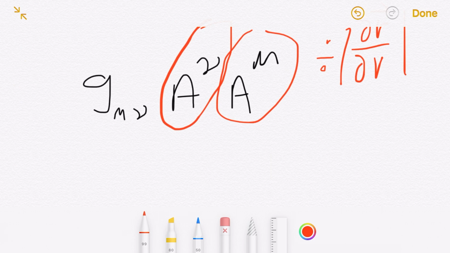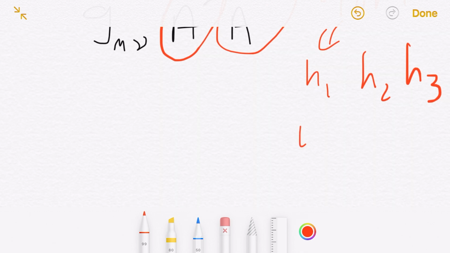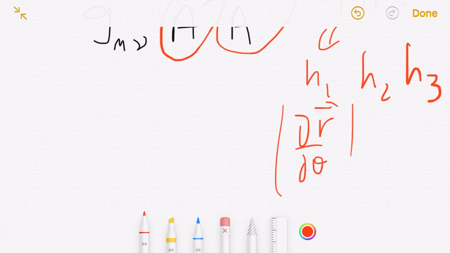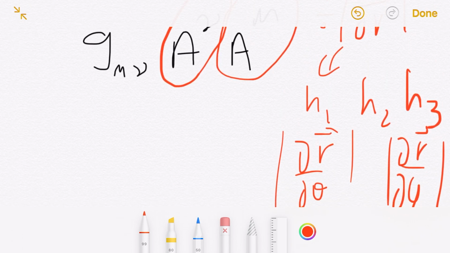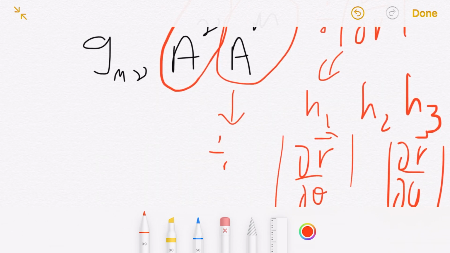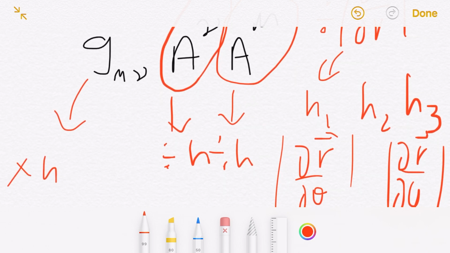For convenience, let's call this h1, and there are two others, h2 and h3, which are basically dr, over d theta and over d phi. So the components are going to be scaled down, divided by h. So we know that the metric tensor is going to be scaled up by h squared from the Kronecker delta in order to give us a dot product that is valid.